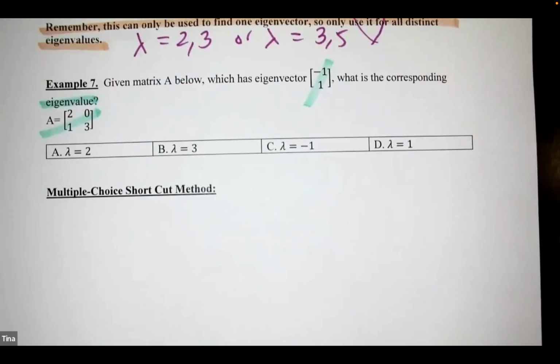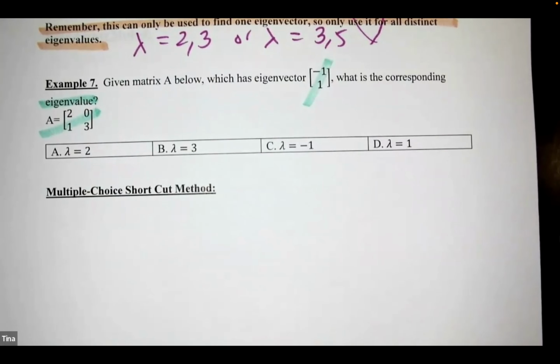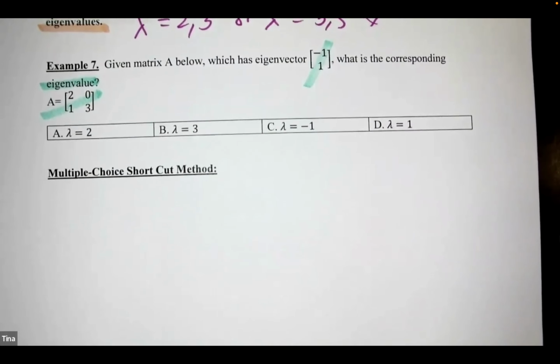One way we can do this is by going through the process of finding the characteristic polynomial, finding the eigenvalues, and seeing what the eigenvectors are. We'll do that first, and then I'll show you a trick after.